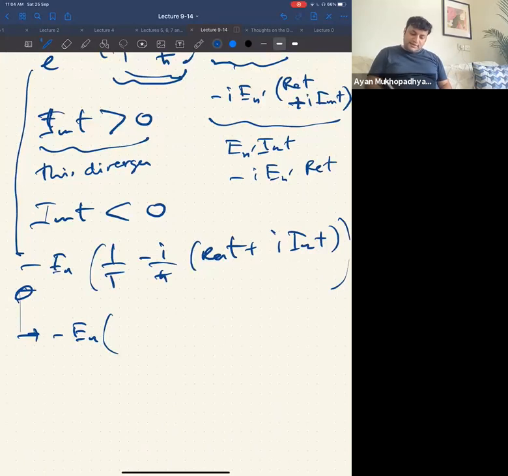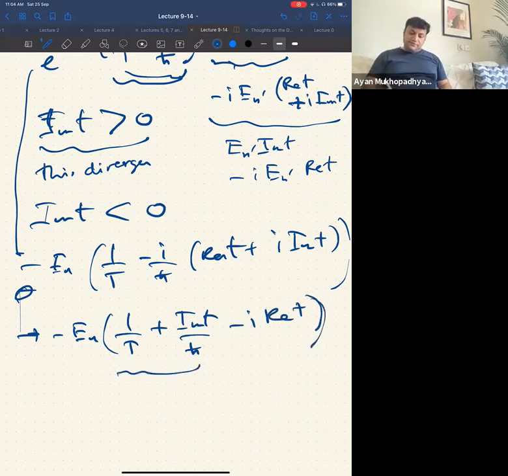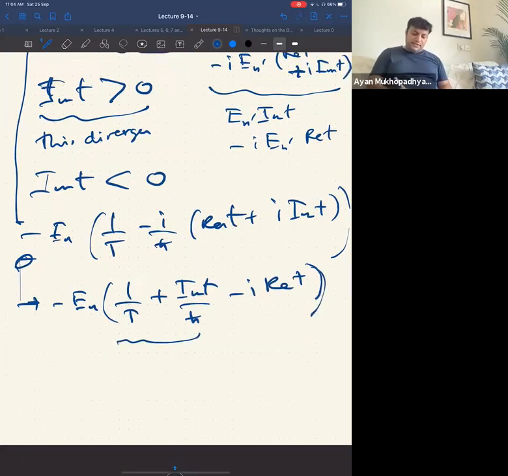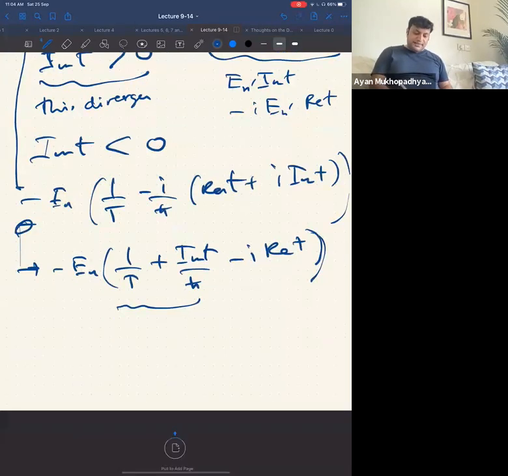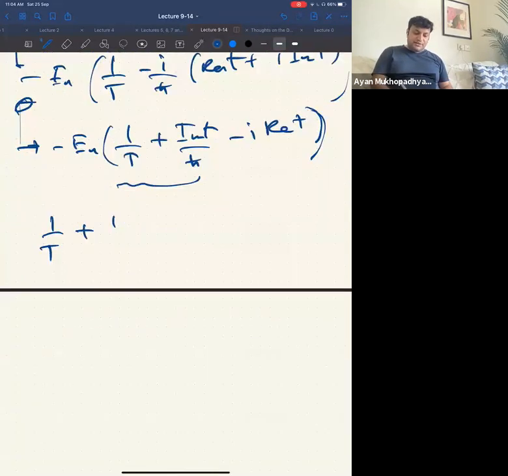So I get now minus En, and here 1 over t minus i plus i becomes again plus imaginary t by h bar, and then minus i real t. So for this to converge, I need 1 over t plus imaginary t by h bar to be greater than 0, right?